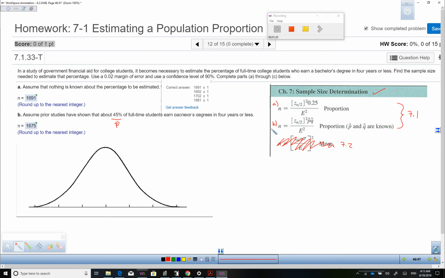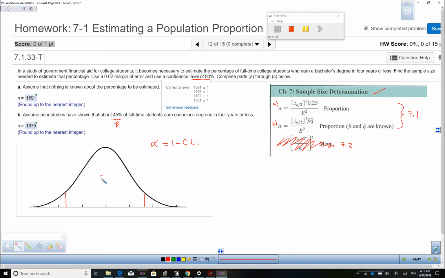Well, let's start by getting the critical value. The critical value comes from the confidence level. Remember that we need to obtain that value of alpha, which is 1 minus the confidence level, which is right here. Okay, so we have 90% as a confidence level.